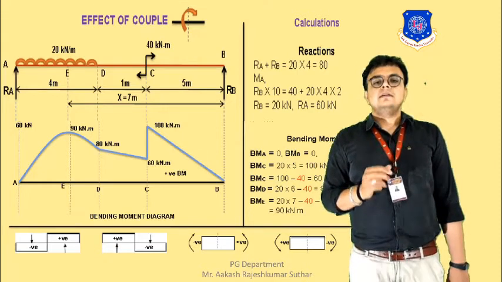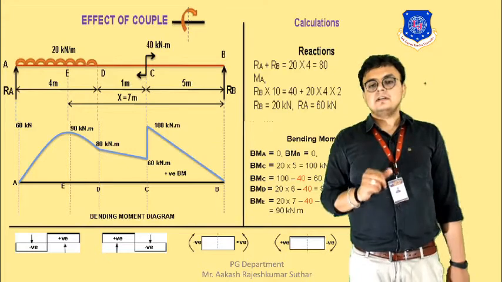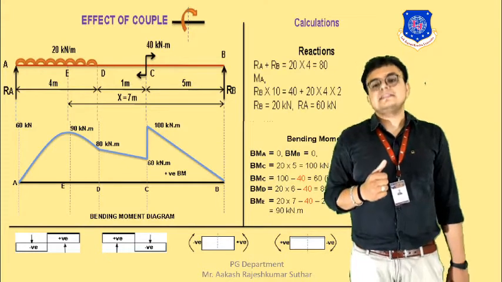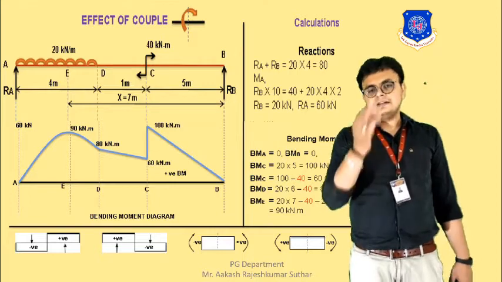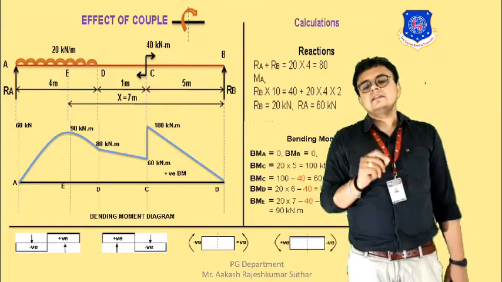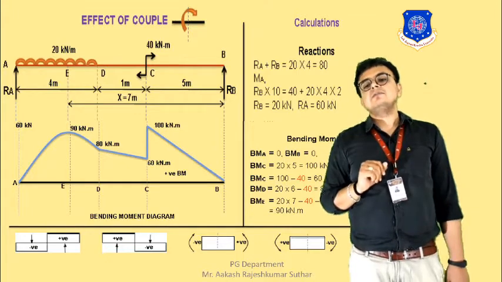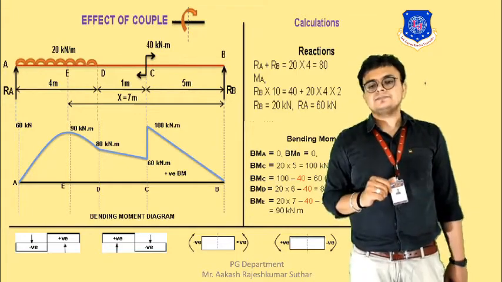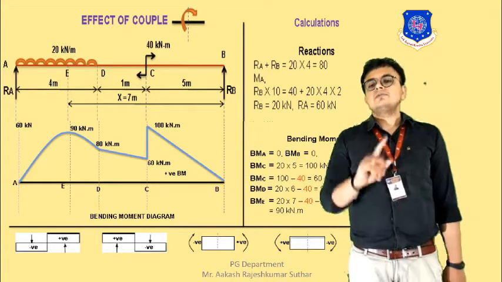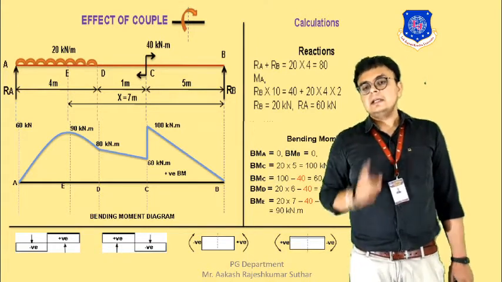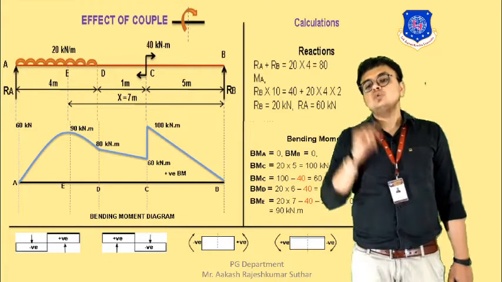And at point E we will also be having a moment. Okay, that is at a distance 7, means at the point E the shear force was 0. So definitely here the bending moment will be the maximum. So bending moment at E will be equal to 20 into 7 minus 40 minus 20 into 1 into 1.5.